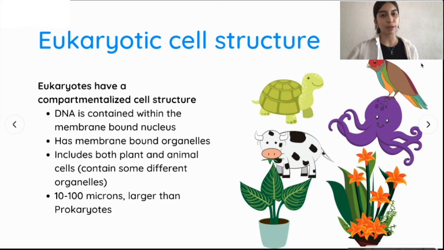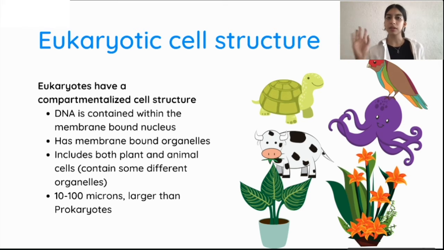What we need to know is that eukaryotes have a compartmentalized cell structure, unlike the prokaryotes. Some characteristics of this cell are that the DNA is contained within the membrane-bound nucleus. This type of cell has membrane-bound organelles. This includes both plants and animals, and their size is 10 to 100 microns. They're larger than prokaryotes.